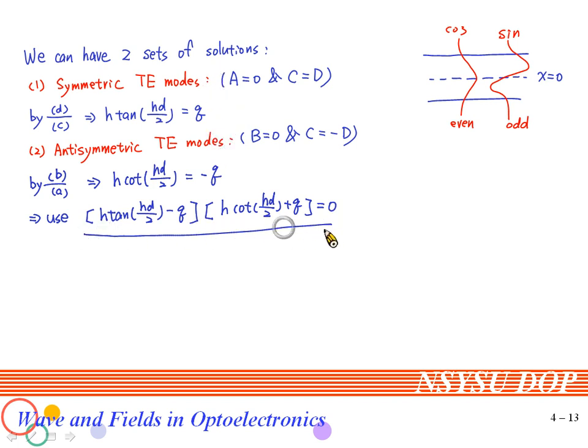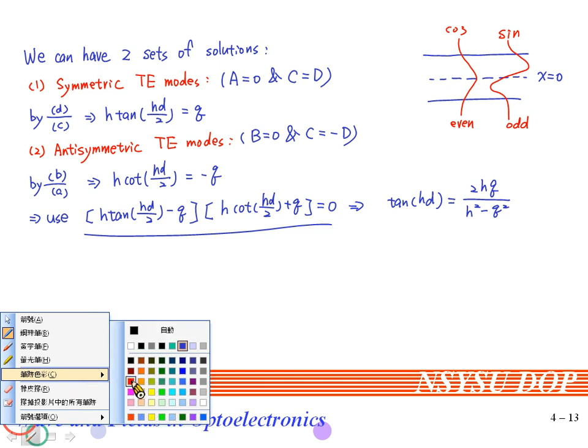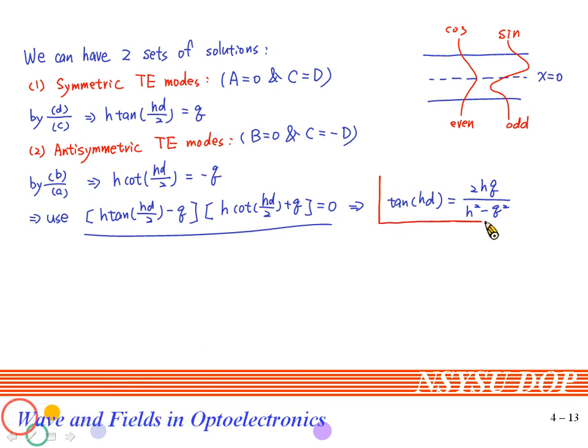But this equation is too long and too complicated, so we can rearrange it in a simpler form. It will become tangent hd is 2hq over h squared minus q squared. So this one is the equation from which we can obtain the symmetric TE modes and the antisymmetric TE modes. That is, we can obtain all kinds of TE mode by solving this equation.